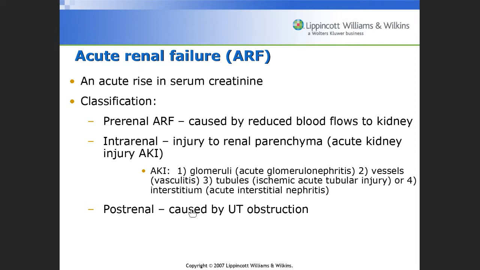In some cases, you can have an interstitial defect, like fibrous accumulation, or even some autoimmune disease accumulating in the interstitium. So, three potential causes of acute renal failure: pre-renal, intrarenal, and post-renal.